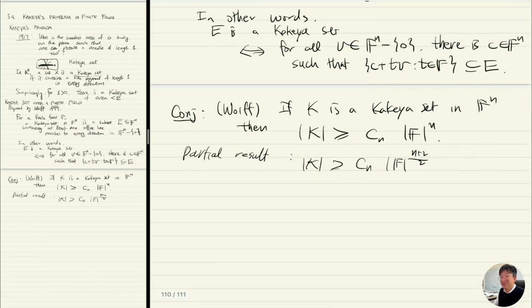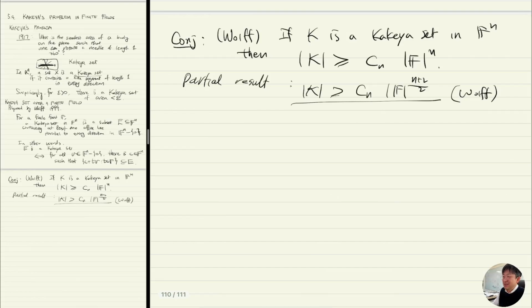At that time, experts in the field thought that this problem was extremely difficult, because even this proof by Wolff was extremely difficult. But then in 2008, Zeev Dvir showed a one-page proof proving the conjecture. That's what I'm going to show you.